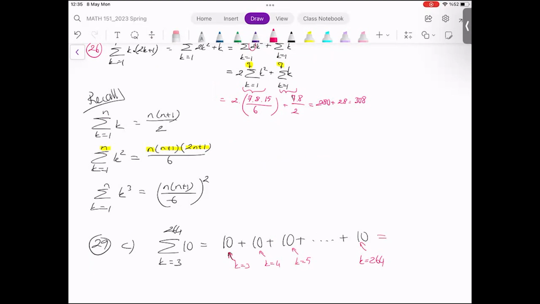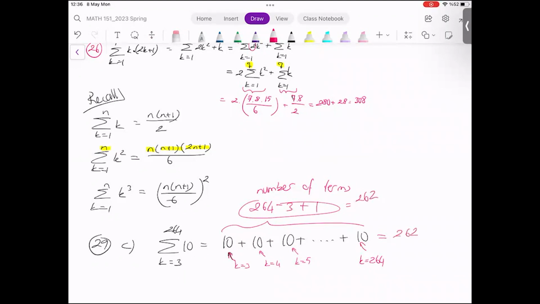To find the result, I need to understand the number of terms here. How many 10s did I write? That's the question. So what is the number of terms? You can compute it easily by 264 minus 3. Not to lose the first term, you need to add plus 1. So that number is 262.